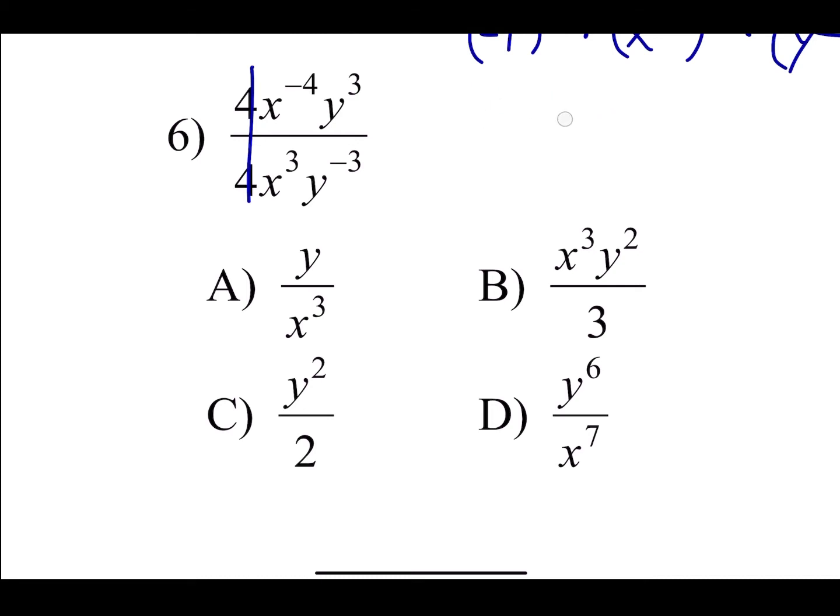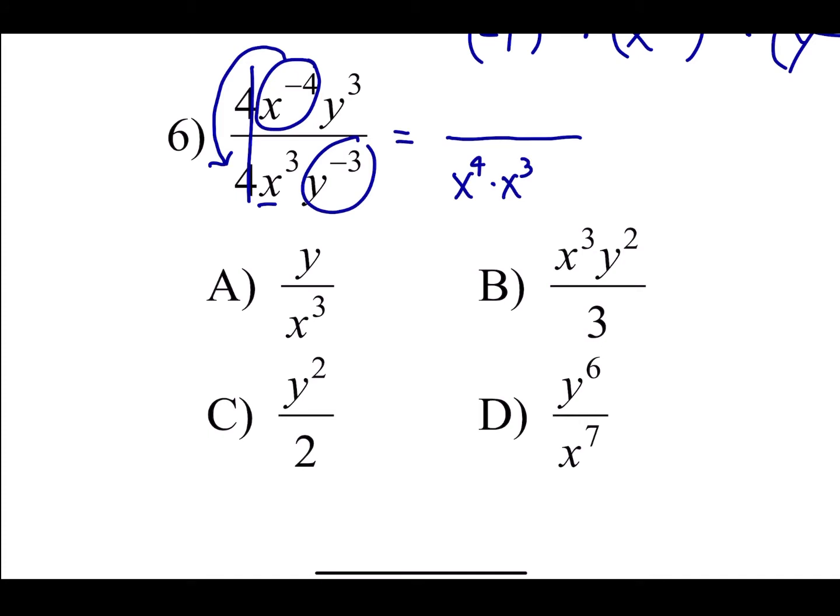Or if we choose, I think it's easier this way, go ahead and flip the -4. It'll just make our lives easier to see where it's going to end up. So -4 as the exponent is going to come down, and we're going to have x to the 4th, and then we still have the x cubed below. Y to the -3, conversely, will go to the top, and we have y cubed, this one, times this extra y cubed that we're flipping to the top.